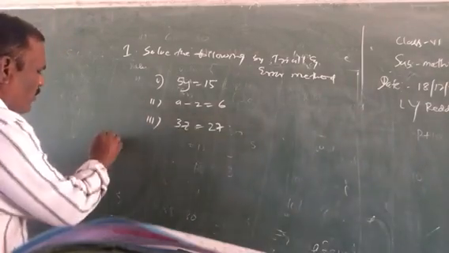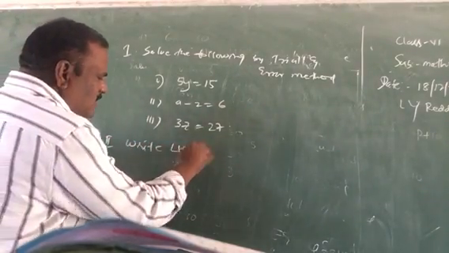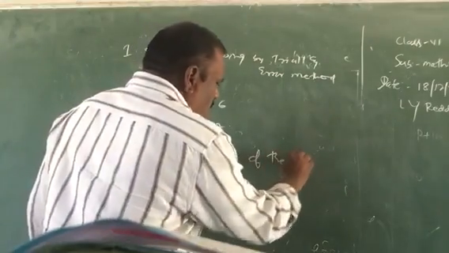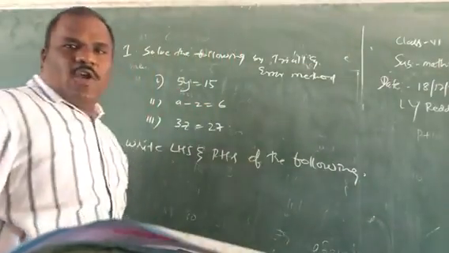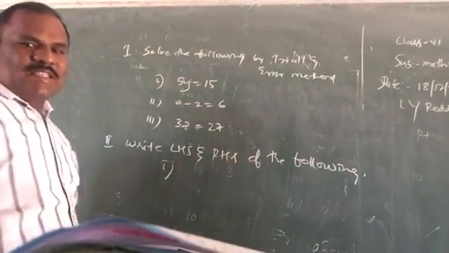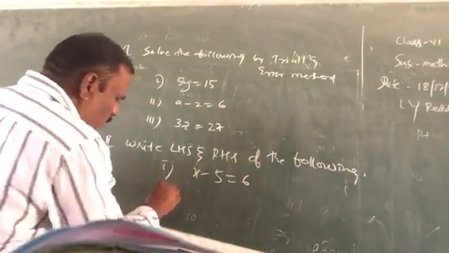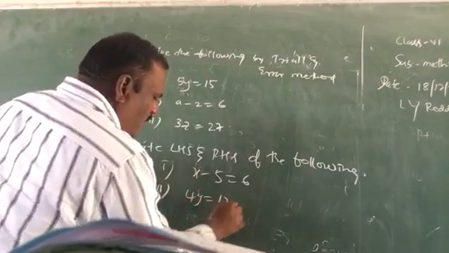And also one more bit I will give you. Write LHS and RHS of the following. First one, x minus 5 equal to 6. Number 2, 4y equal to 12.